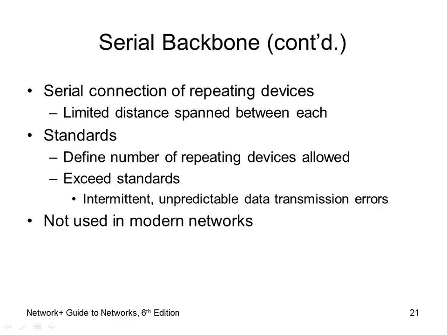Serial backbones have a limited distance between each network, though. So that's why there's only a certain number of repeating devices. And they say that a serial backbone is not used in a modern network. I'm going to argue that a little bit later. And the reason is, much like you saw earlier when we talked about hybrids, most backbone networks are hybrids now too.